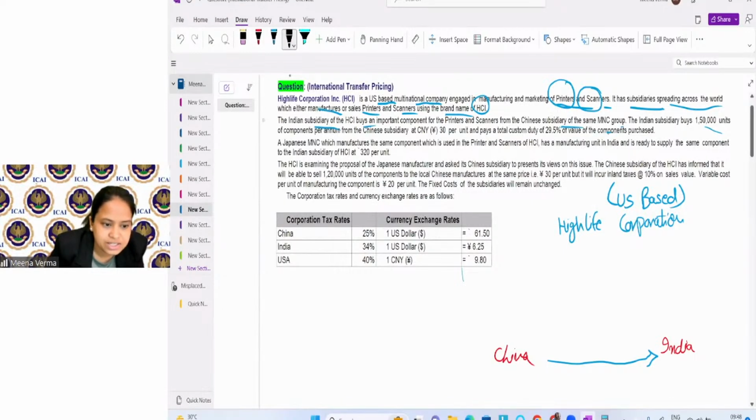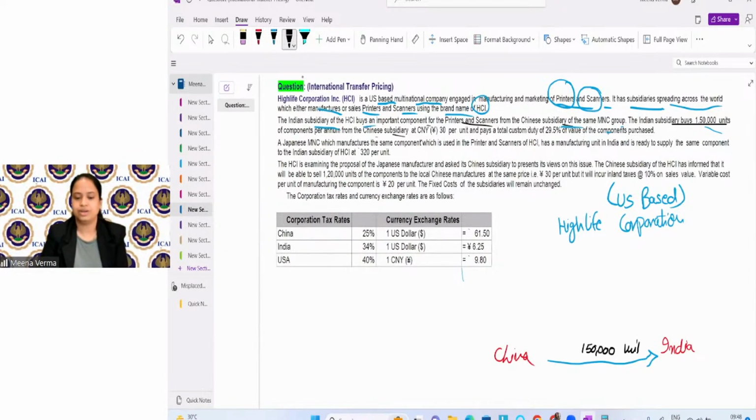That the Indian subsidiary buys 150,000 units of component per annum from the Chinese subsidiary. How many units are they buying? 150,000 units.